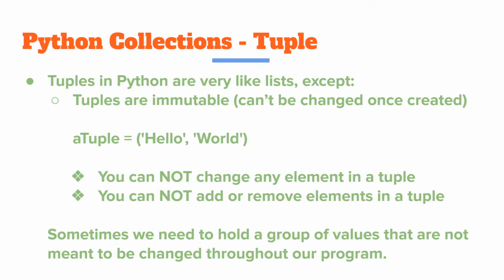Sometimes there are certain values that we want to be stored, and they should not be changed. So the reason why you would want to use a tuple is not necessarily because I don't want to accidentally change a value, although that can be a valid concern, but also that you don't want to take up too much storage.